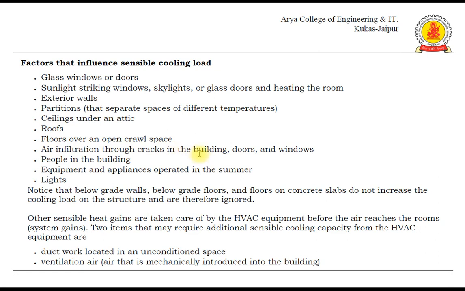There is always some infiltration through cracks or through ducts. How many people are there in the building? Equipment and appliances operated in the summer. Total number of lights and type of lights also.